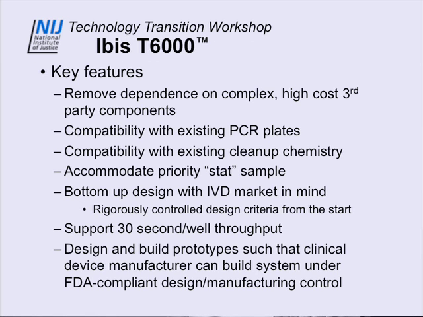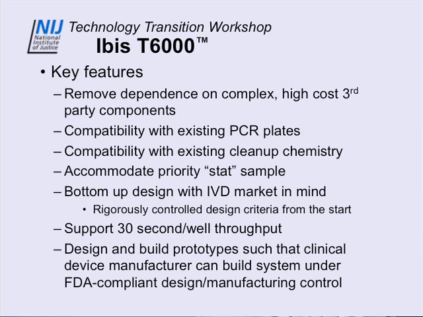Now moving forward with Abbott, we're very excited about the next generation platform that's commercially available later this year, the Ibis T6000. Key features: it removes some of the dependence on these complex, high-cost third-party components. There's no robotic arm and there's no heat sealer and so on. It is still compatible with the existing PCR plates and existing cleanup chemistry, so all the validation that's gone on the T5000 is relevant for the T6000.